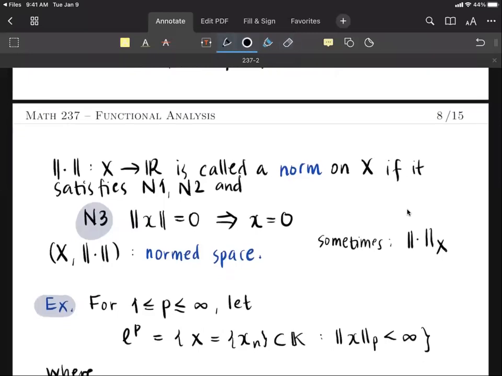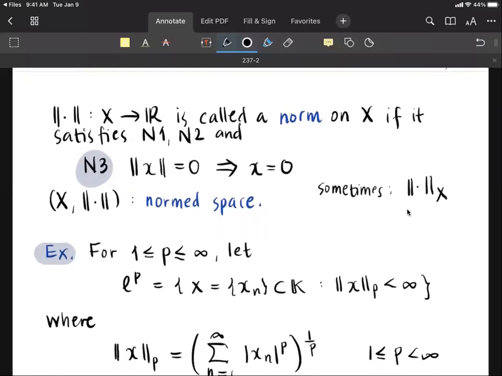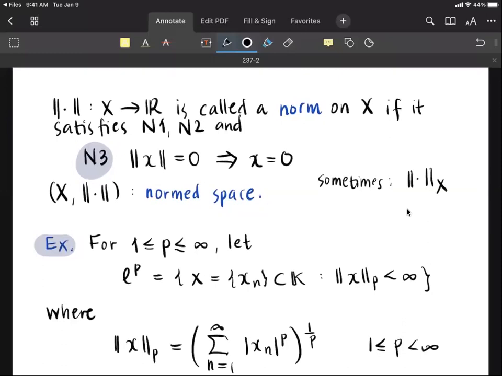So this is the set of all sequences in the field K, either the real numbers or the complex numbers, having a finite P norm. So the little LP norm is defined as follows. If P is finite and greater than or equal to 1, you take the magnitude of the components, raise that to the power of P, take the sum, and then raise that to 1 over P.